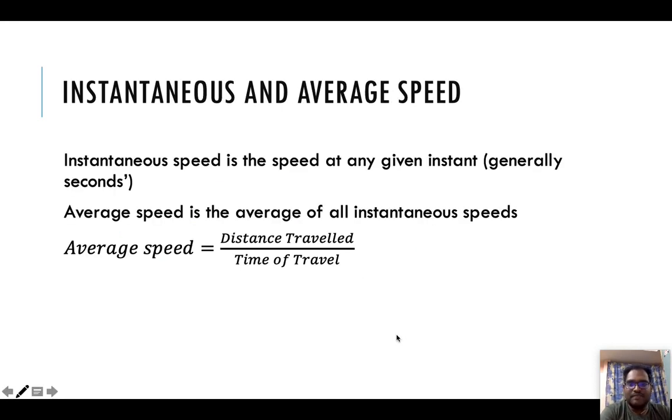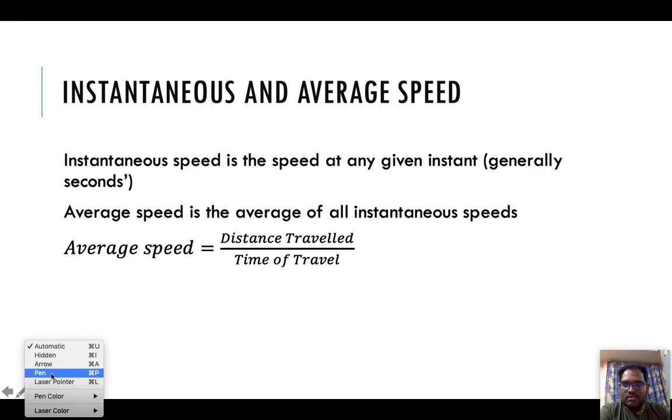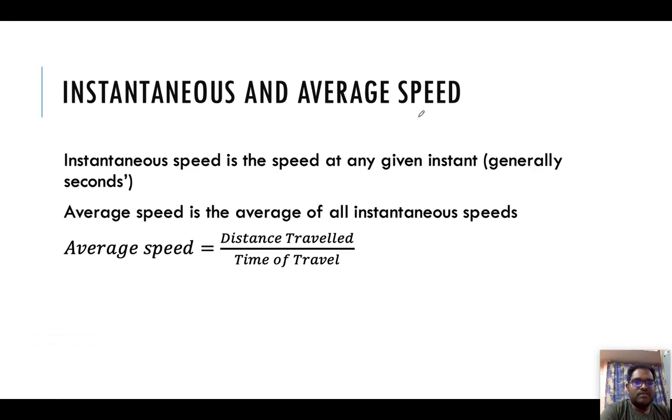Next is your speed and your velocity, right? When we talk about the term speed, there's another terminology that comes along with it, which is velocity. So what is the difference between speed and velocity?